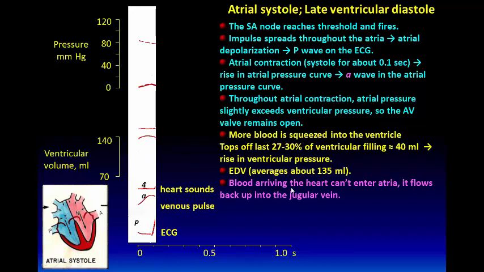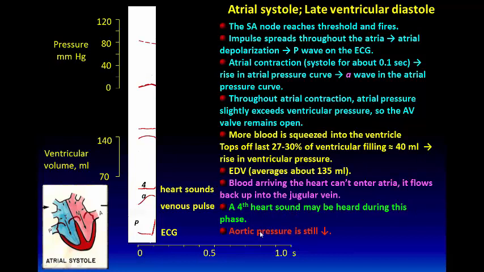Now, blood arriving at the heart cannot enter the atrium. It flows back up into the jugular vein here on the right side, and during this atrial systolic phase, a fourth heart sound may be heard.